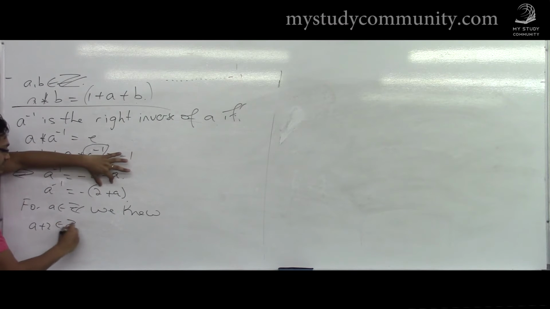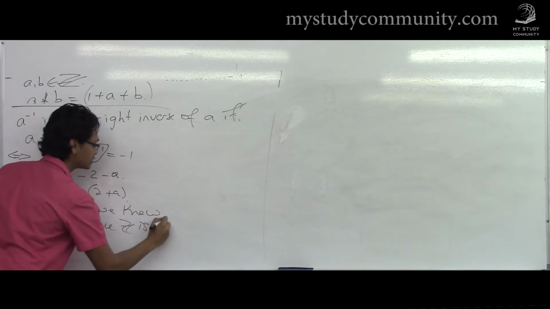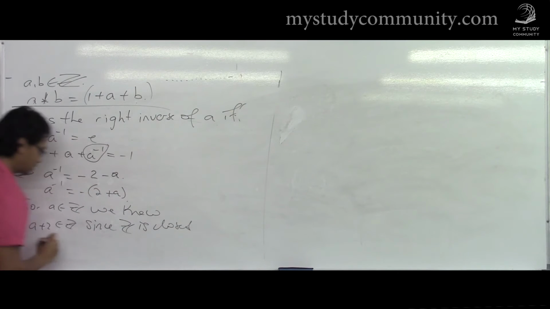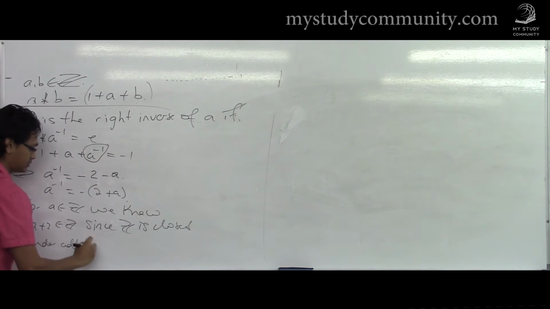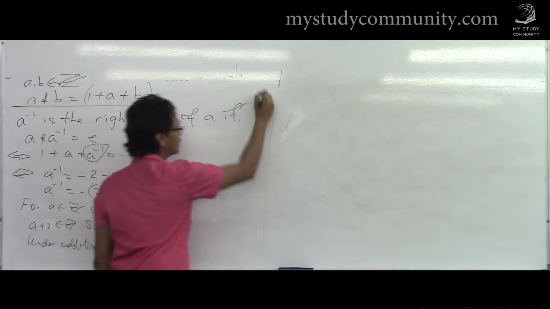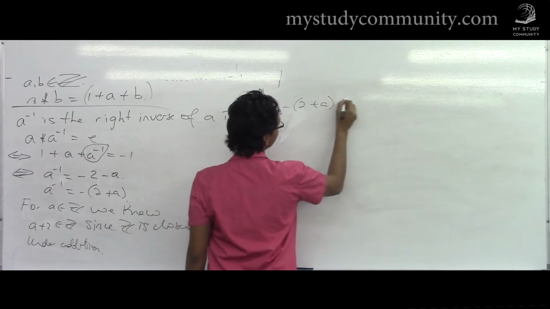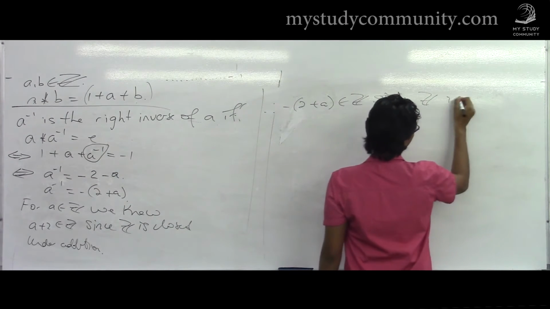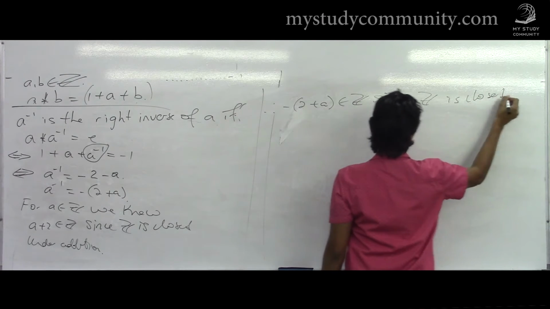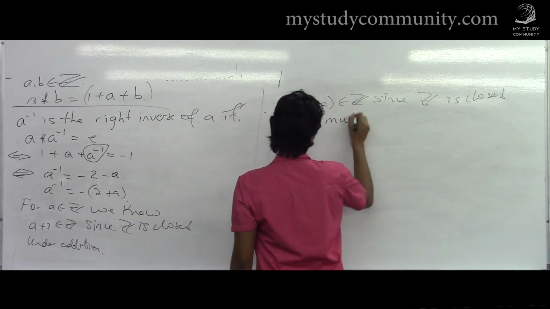A plus 2 is in Z, since Z is closed under addition. And also, therefore, minus of 2 plus A would be in Z, since Z is closed under multiplication. So multiply by negative 1.